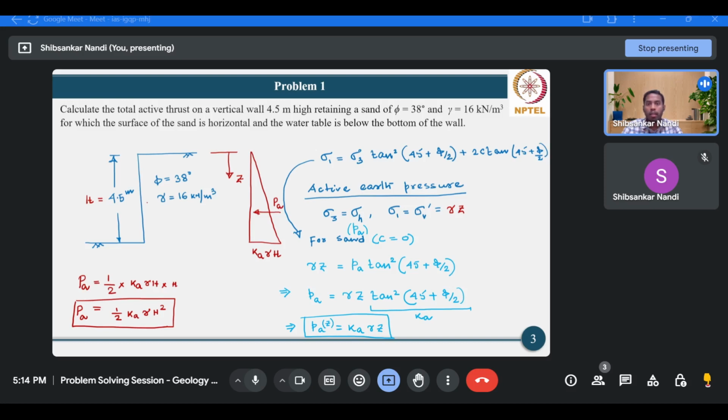Please keep in mind that this variation and this value are on the basis of Rankine's earth pressure theory. Now we have the expression for total active thrust on this retaining wall. We just have to substitute the appropriate values in this expression and we can get the required value.